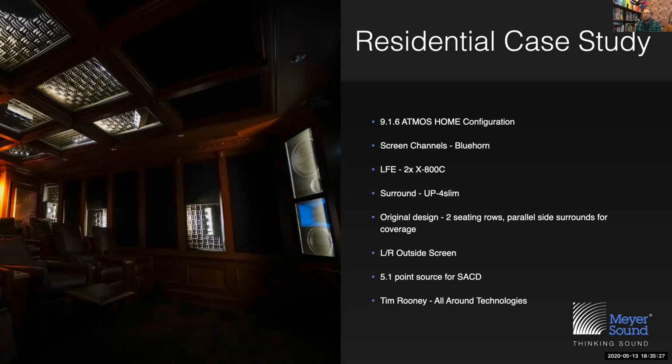So that speaker is effectively a discrete channel for only 5.1 listening, separate from, say, if you put in a Dolby Atmos Blu-ray, it's going to go to the 916 EP4 Slim system. So there's some interesting routing and configuration with this system that covers so many bases.